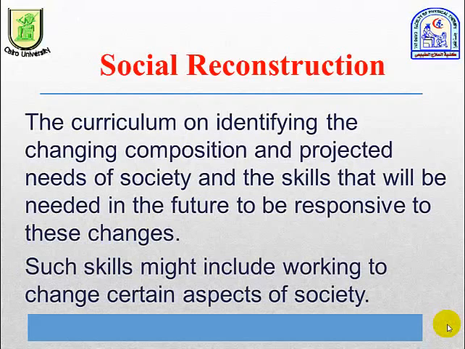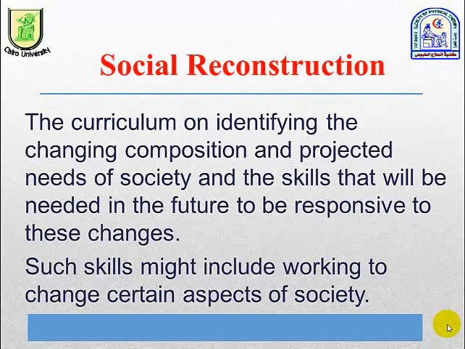Also related to social, we have another point, social reconstruction. The curriculum identifies the changing composition and projected needs of society and the skills that will be needed in the future to be responsive to these changes. So when we talk about social, we consider two elements.